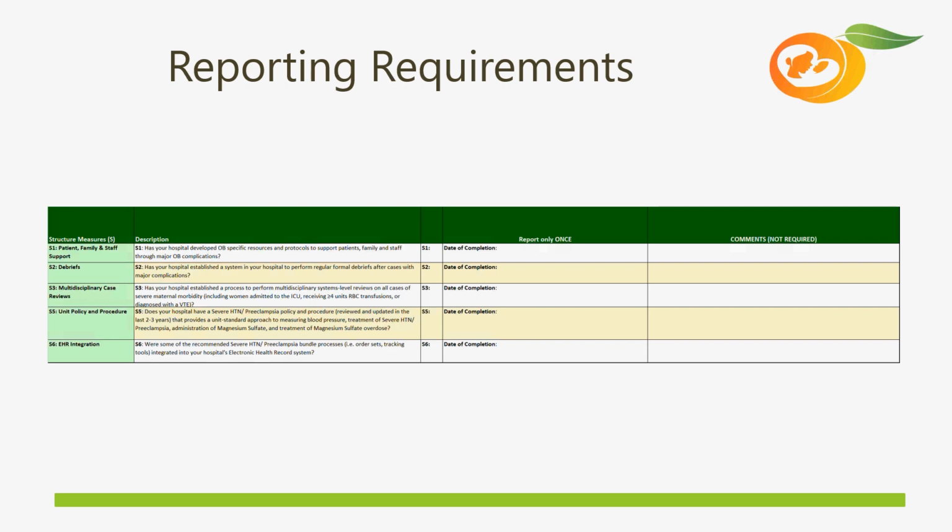Okay, and then having the structure in place for the multidisciplinary case reviews, unit policy and procedure, and electronic record integration. So again, with the exception of P4 and P5, these will be reported for the first time by the end of October for the period of July 1st through September 30th.